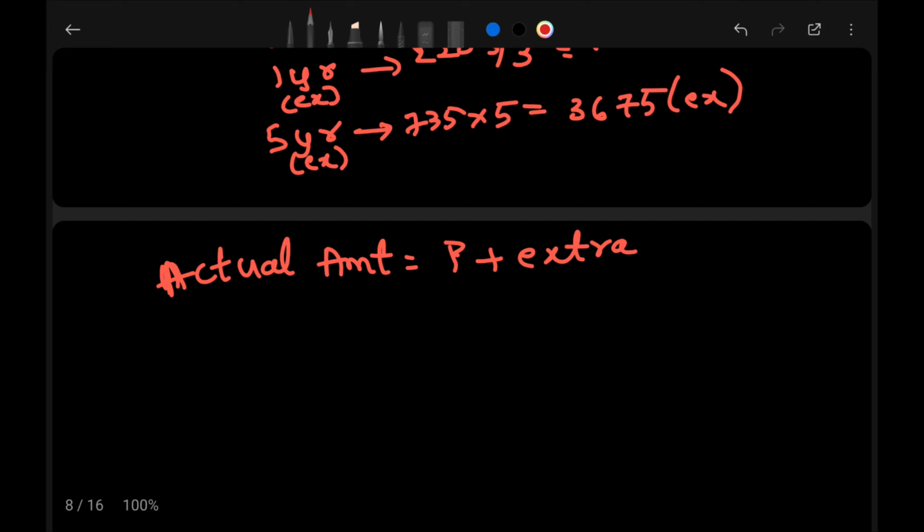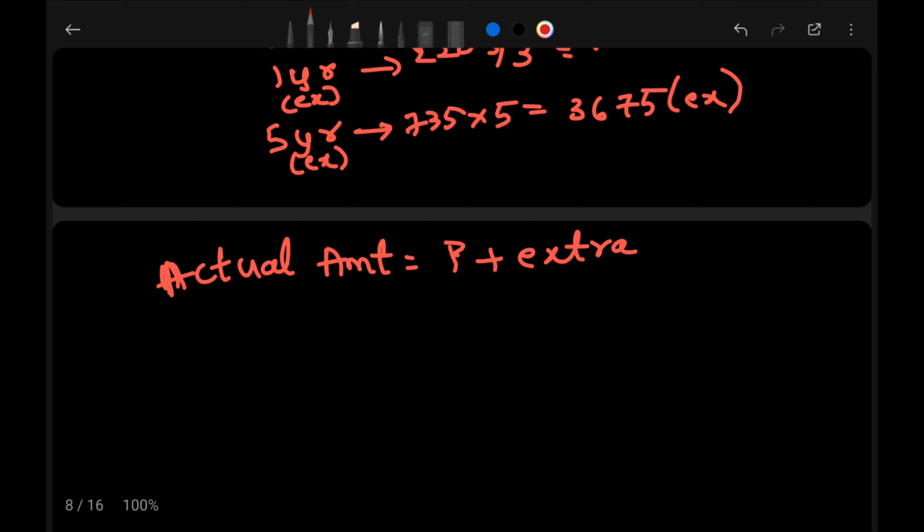Interest is 3675. Using the simple formula I equals PTR by 100, here if you need R, it is going to be I into 100 divided by P into T. I is 3675, into 100, by principal amount 6125, into a span of 5 years.